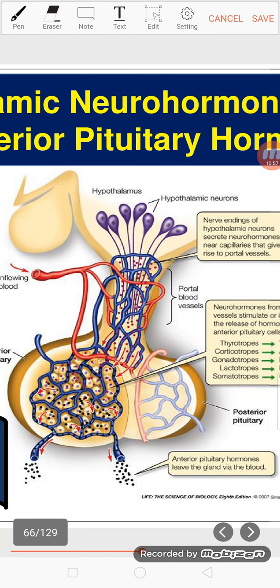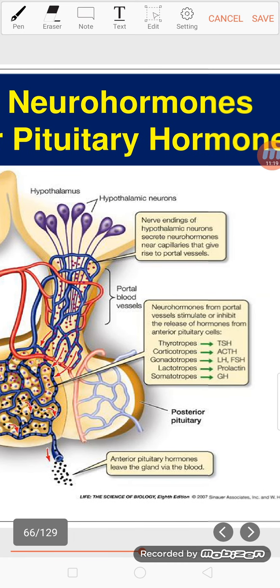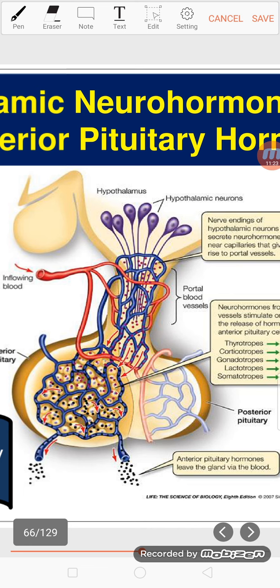So here, the hypothalamus over here, the top one. We have the nerve ending of the hypothalamic neuron secreting neurohormones. The neurohormones enter the blood system and stimulate the anterior pituitary.